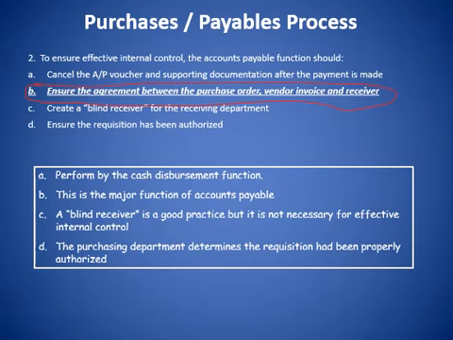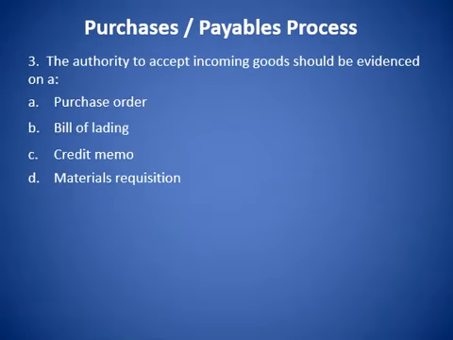Okay, let's try question number 3. Number 3, the authority to accept incoming goods should be evidenced on A. So it's looking for some form of document as evidence of the authority to accept incoming goods. Stop your video when you're ready with your answer, then restart the video and review the answer slide.